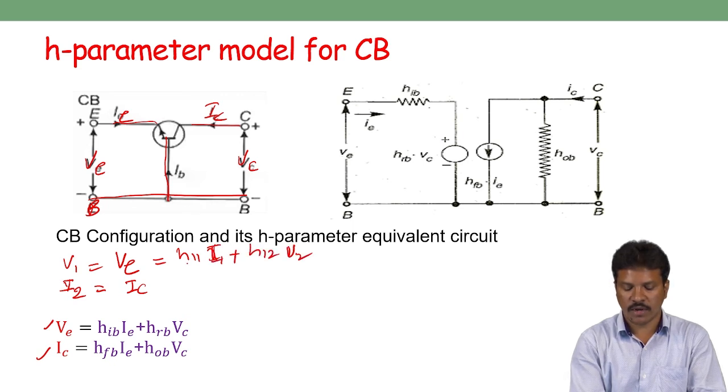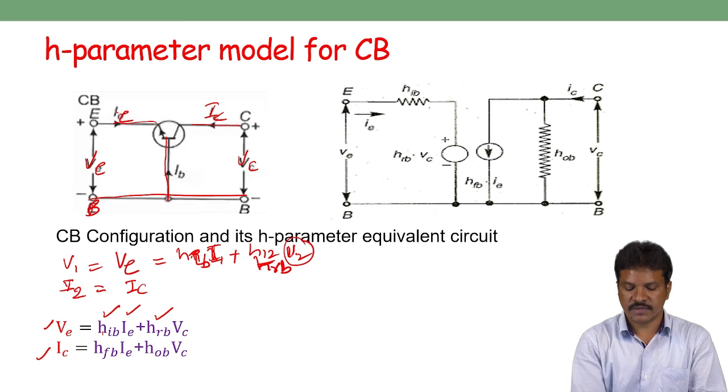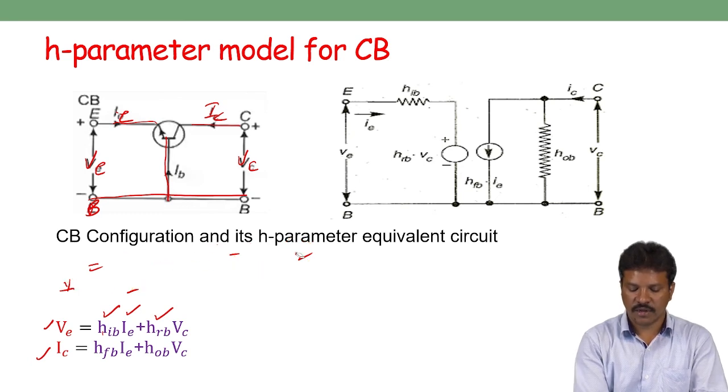VE is equal to H11 I1 plus H12 V2. What is H11? It is the input impedance HI. For the common base configuration, we represent it with a small b, so HIB. The input current is the emitter current, plus H12, the reverse voltage gain, HR, which for common base is HRB. V2 is the output voltage, the collector voltage VC. In this way we can write the equations.